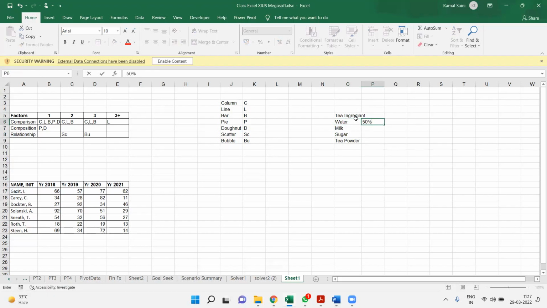Let's say this is required in 50% of quantity, 30%, 10%, and 10%. So the total adds up to 100%. When something adds up to 100%, we call it composition. Under this, we have pie and donut charts to fit into.